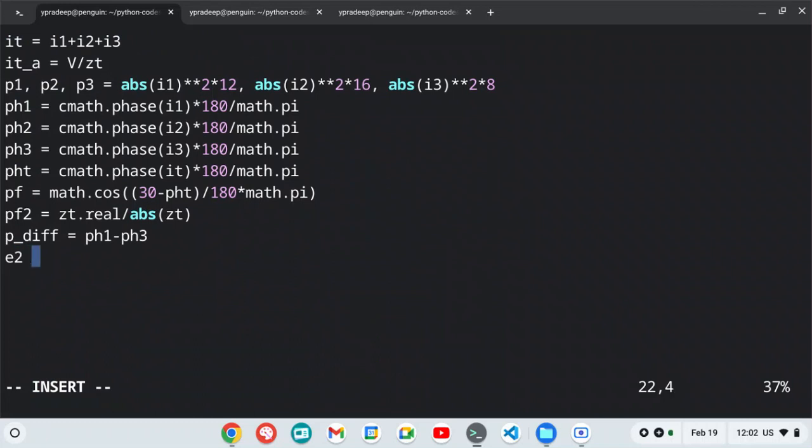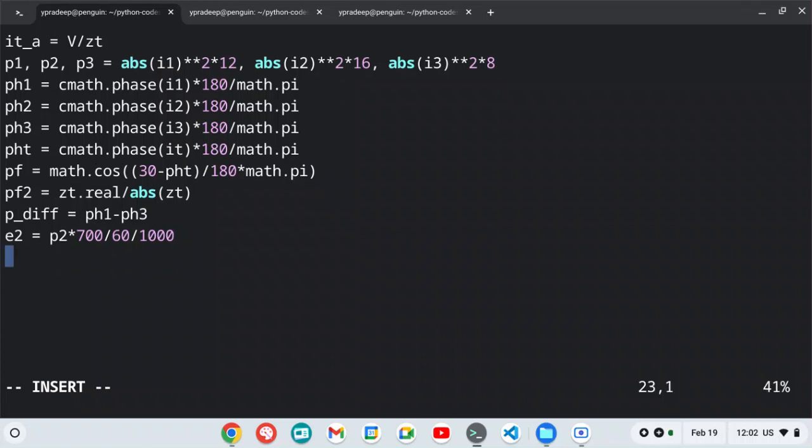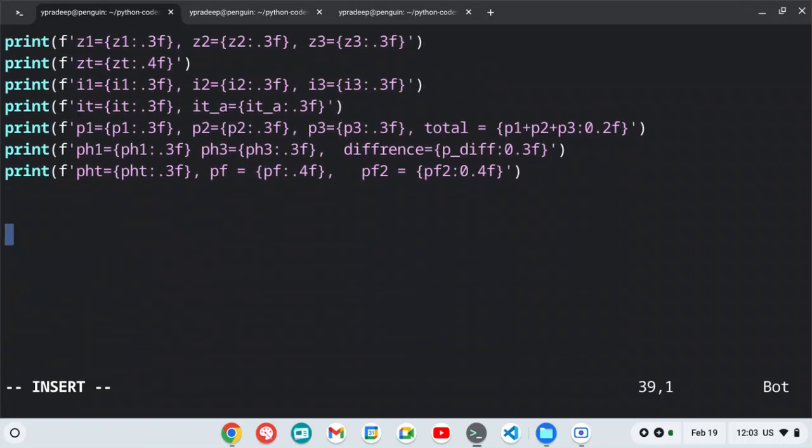Energy in the second impedance is nothing but power in the second impedance multiplied by the time. Time is 700 minutes, so 700 divided by 60 will be hours. But the unit here is watt hours, so I will again divide by 1000 to convert to kilowatt hours. Now I got E2 in kilowatt hours. So here I will print the answer.